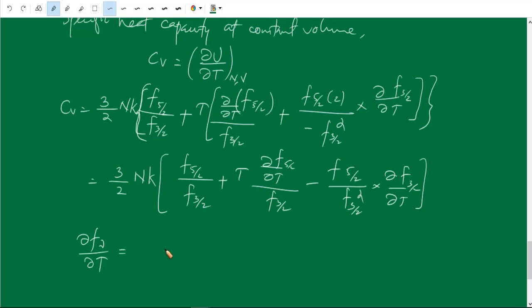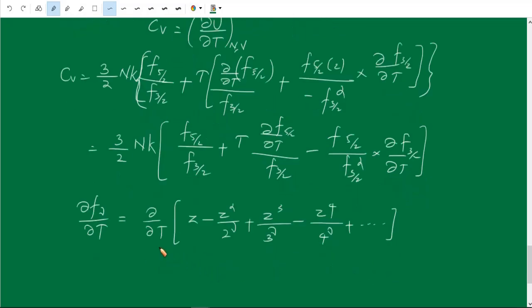So this is equal to ∂/∂t of (z − z²/2^ν ...), okay, which is equal to, we can differentiate this thing, so this will be 1 − 2z/2^ν ..., ∂z/∂t, so ∂z/∂t we can take it outside, into ∂z/∂t.